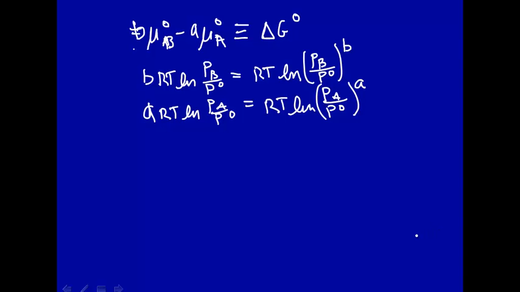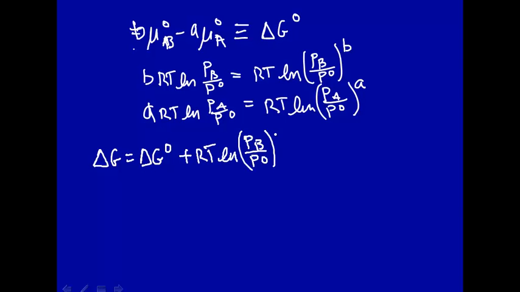What we end up with is delta G for the reaction is delta G0 plus RT natural log of PB over P0 raised to the B power, minus RT natural log of the pressure of A over the standard state pressure raised to the A power.